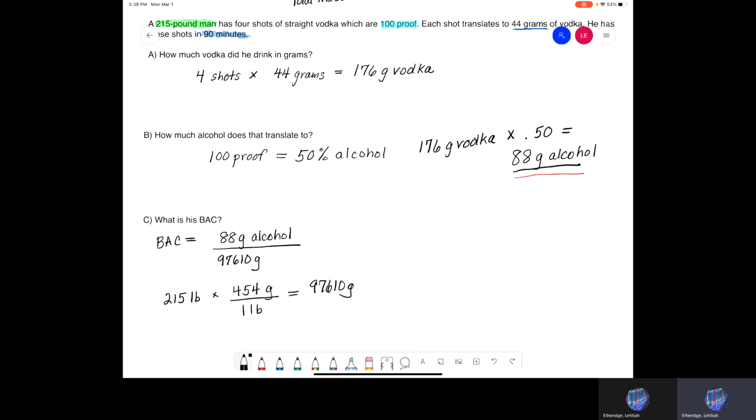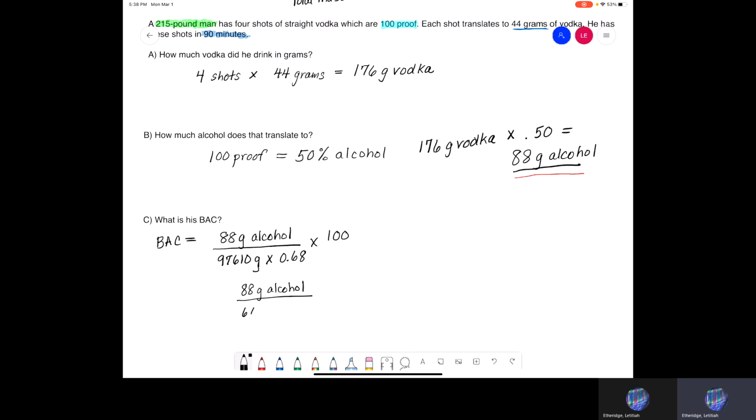Don't get confused because I didn't write it again. I'm going to get rid of this work because you should know what that is by now. If not, just pause it and bring it back. And then we know that it is a man, so the R value is going to be 0.68, and that's going to be times 100. So now we do the calculations like we normally would. We have 88 grams of alcohol divided by 97,610 times 0.68.